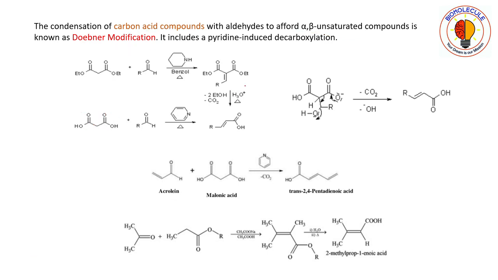So you will get the same product over here. The same thing will happen. You just replace this oxygen with this carbon acid compound, and substitution will occur at the alpha carbon.